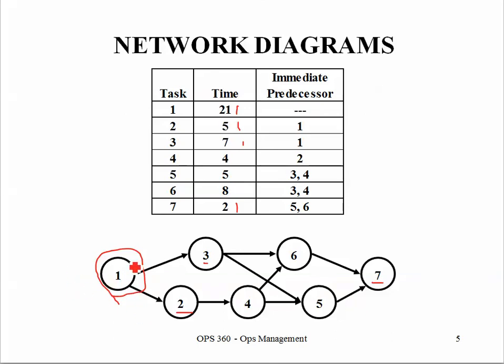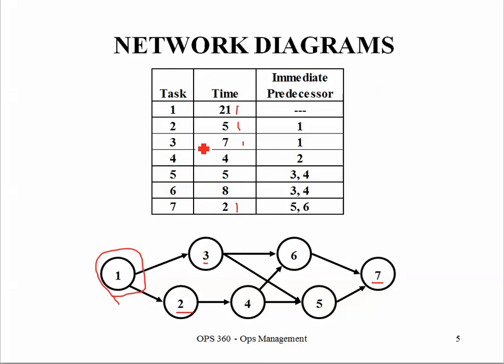If I'm doing a construction project, perhaps this is grading the land to get ready to pour the foundation. Then task 2 can be done as soon as task 1 is completed, because 2's immediate predecessor is 1. And again, we see that information in this arrow as well.